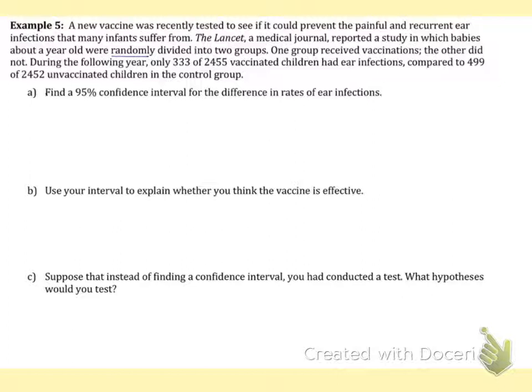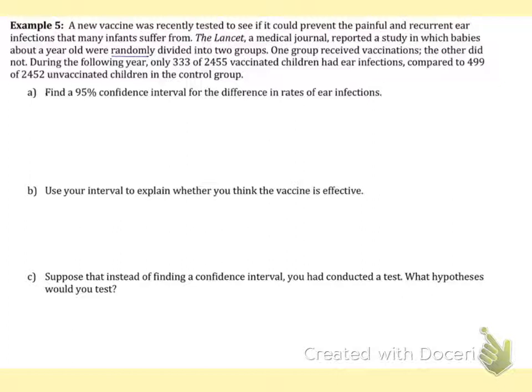There are millions of children, so I'm going to assume that the 10% condition is upheld. In the first sample, we have 333 successes, which is much bigger than 10. And we'll also have more than 10 failures, the same thing with sample 2. And of course, these samples are independent of each other.